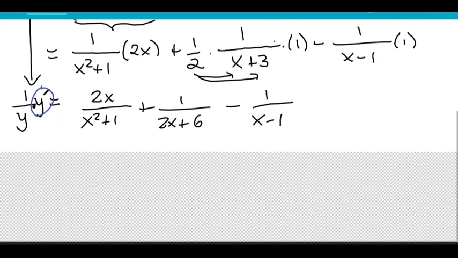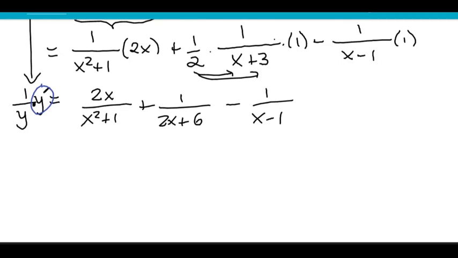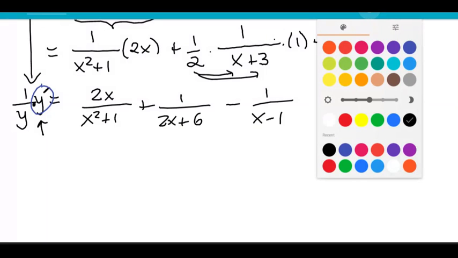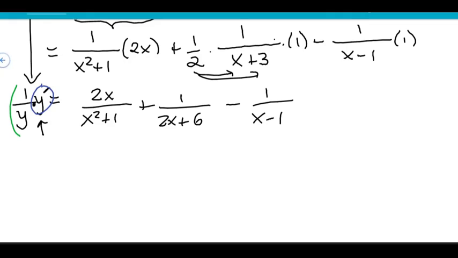So now you're asked to find the derivative of y. This is your answer as soon as you solve for it. Notice what you have to do: you have to solve for this derivative of y with respect to x. So I'm going to multiply both sides of this equation by y, and then that will be my answer.